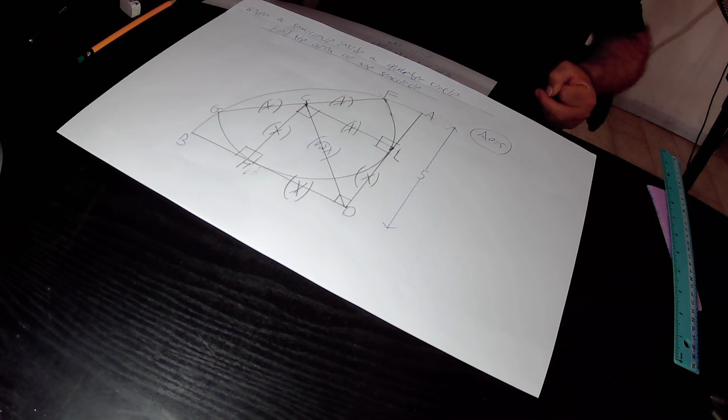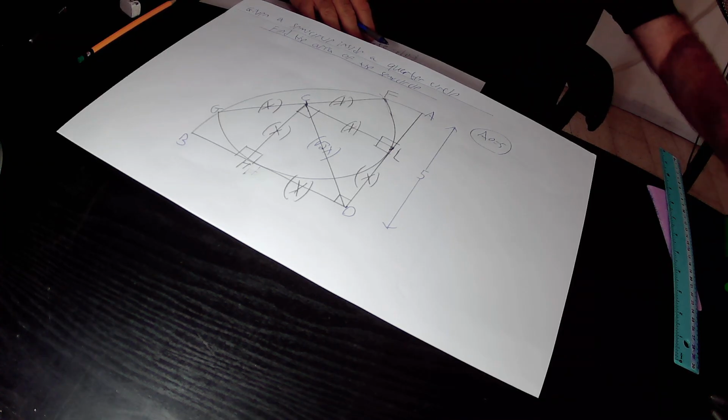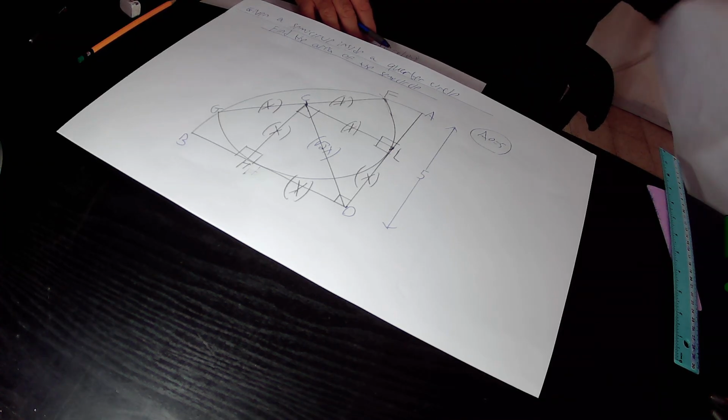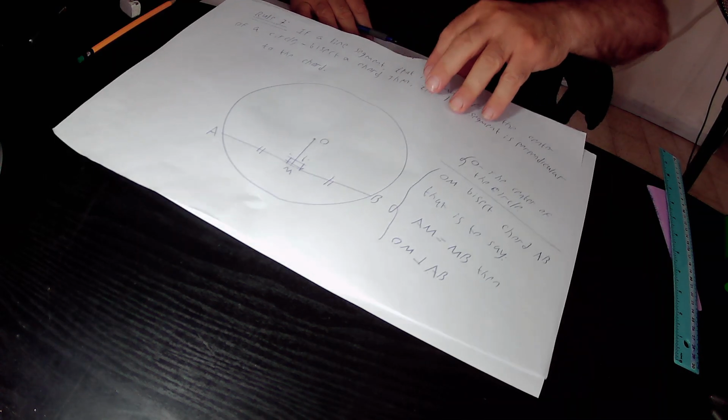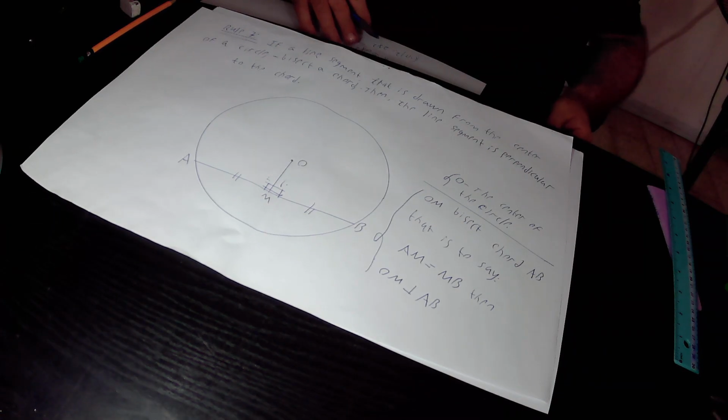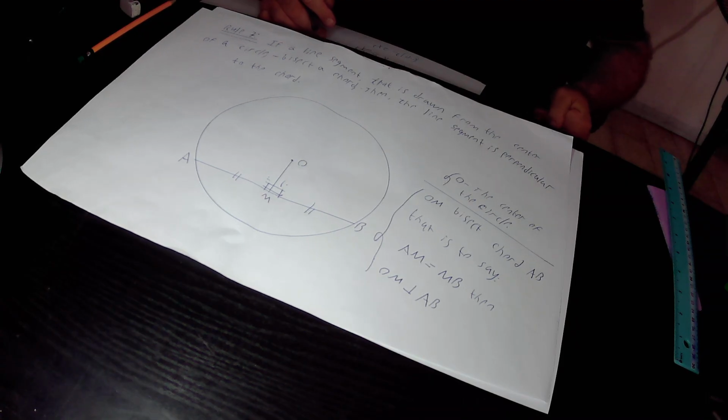And therefore we can implement here rule 7. So I'll read quickly on rule 7. According to rule 7, if a line segment that is drawn from the center of the circle bisects the chord, then the line segment will be perpendicular to that chord.